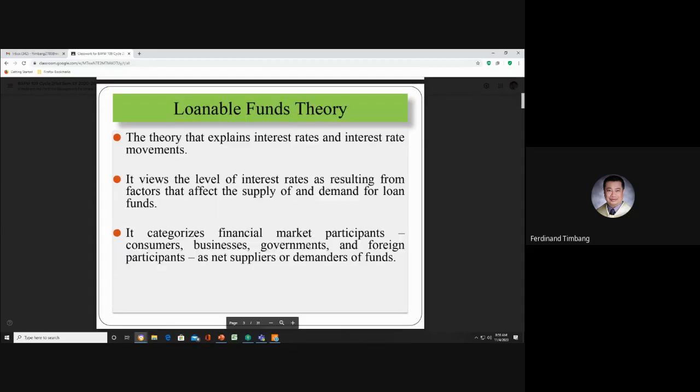Okay, so loanable funds theory. Ito ba na-discuss ko sa inyo dati? Kung nare-recall ninyo? Pero kinumbine ko na kasi ito. Sir, this was included in banking. Yes, sir.